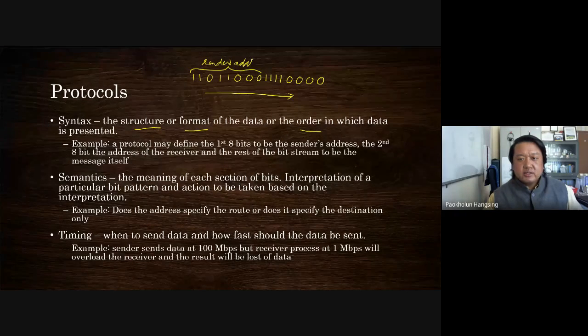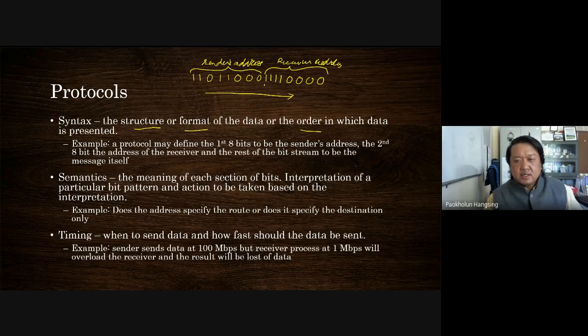This is the address of the entity that sends the data. And for example, it may also be that the next 8 bits will be the receiver's address. So it is agreed that the first 8 bits are going to be the sender's address, and the next 8 bits are going to be the receiver's address.